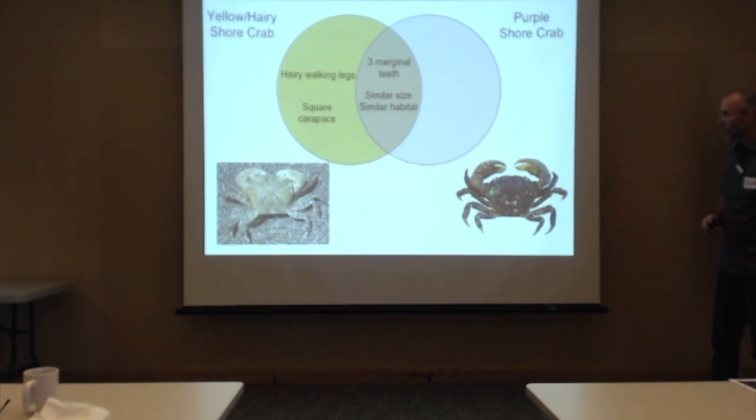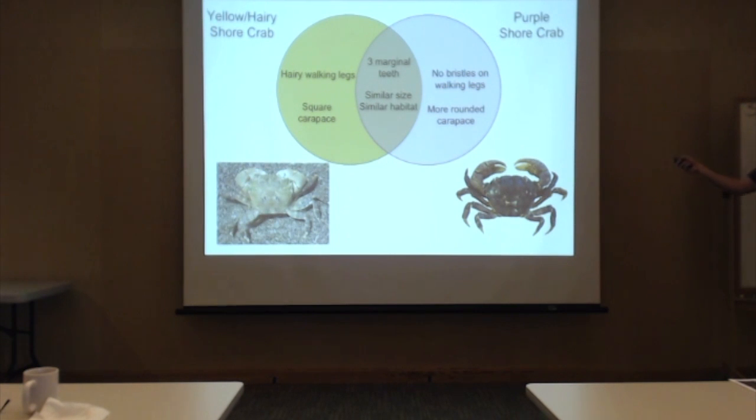But the hairy shore crab has hairy walking legs and a more square carapace. The purple shore crab has no hairs on the walking legs and a more rounded carapace. And as I said, color and spotting on the claws is pretty variable.